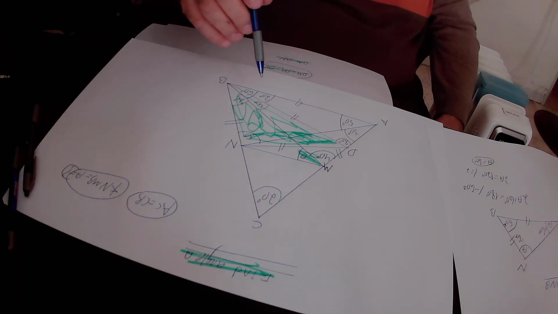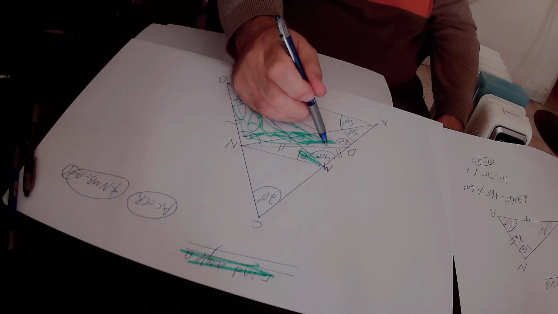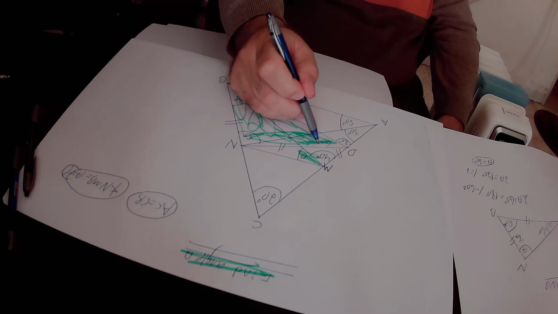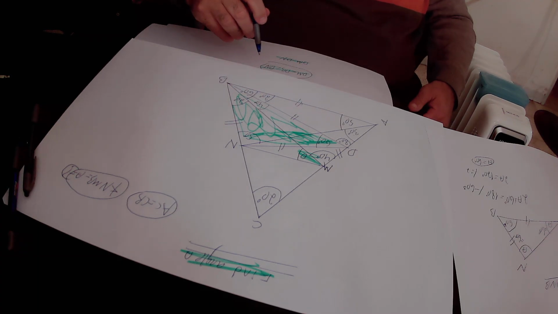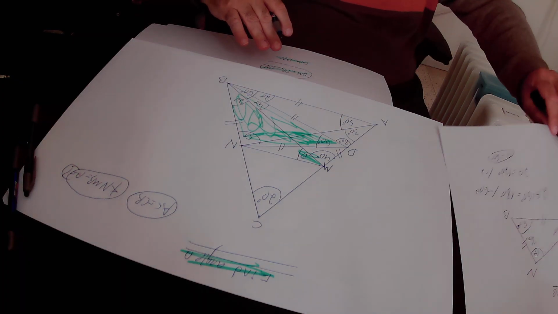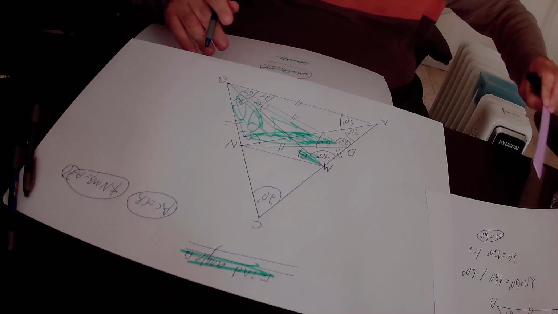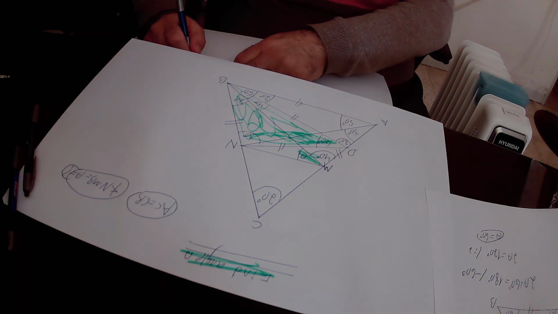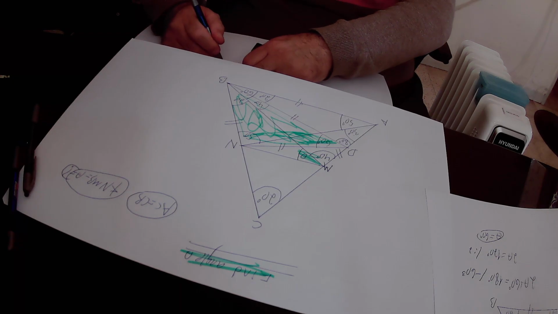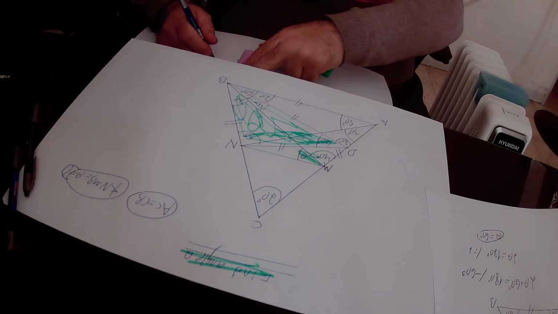First of all, in the isosceles triangle NBD, this angle equals 60 degrees.